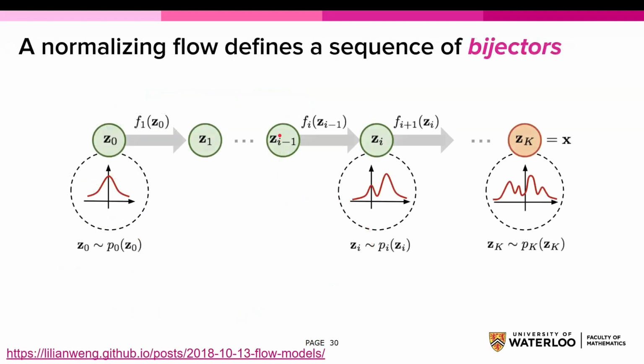So how nuanced and flexible of a distribution can we actually model using a single function? And so it turns out that a single invertible transformation can be used to approximate any smooth distribution. In some cases, it might be convenient to define a series of simple but invertible transformations known as bijectors to map a simple base distribution into an intricate target distribution.